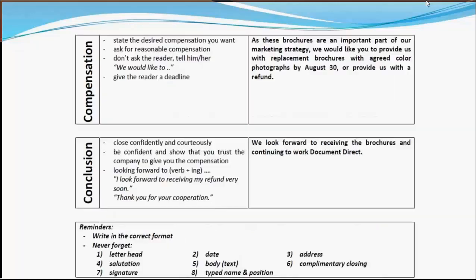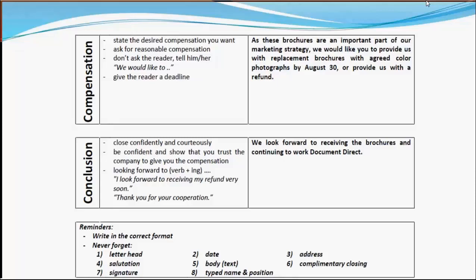Here's the continuation. As these brochures are an important part of our marketing strategy, we would like you to provide us with replacement brochures with agreed color photographs by August 30th, or provide us with a refund. Here you are stating the desired compensation you want.